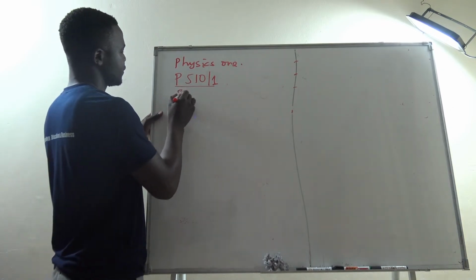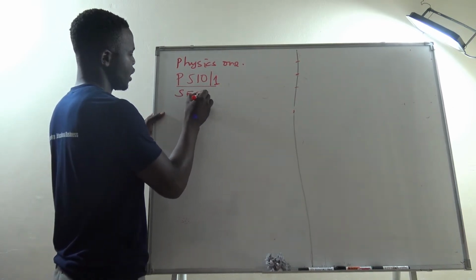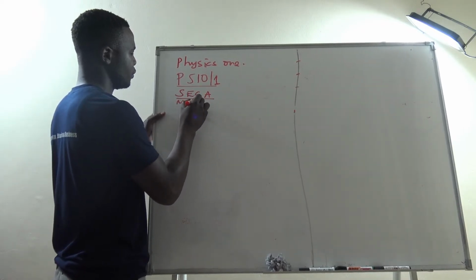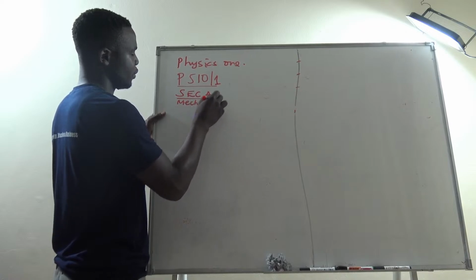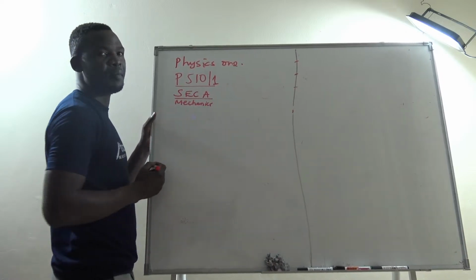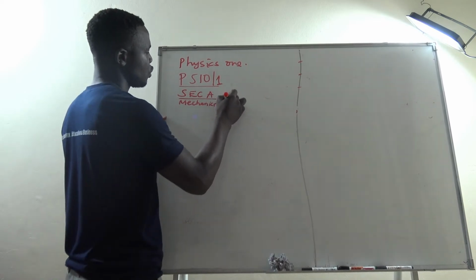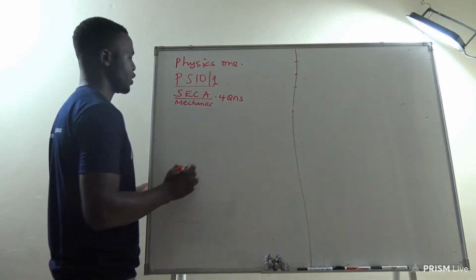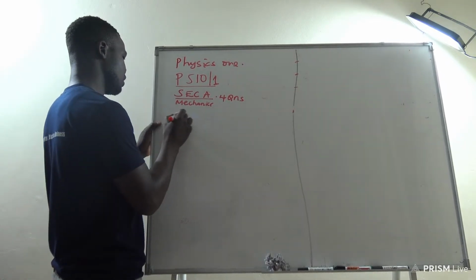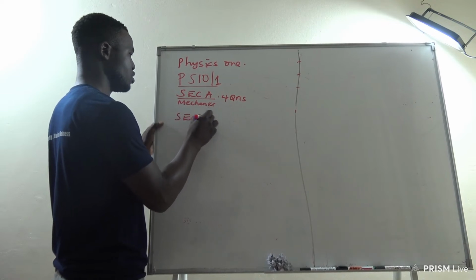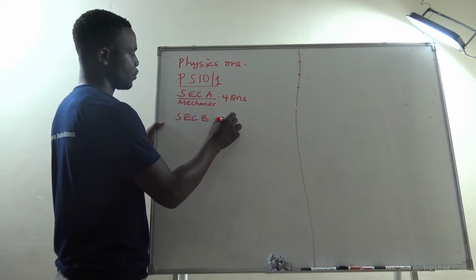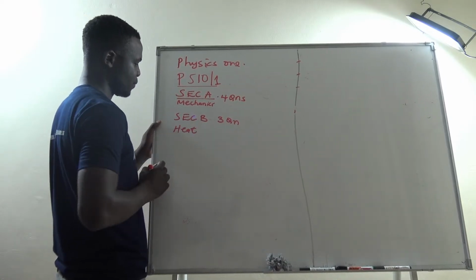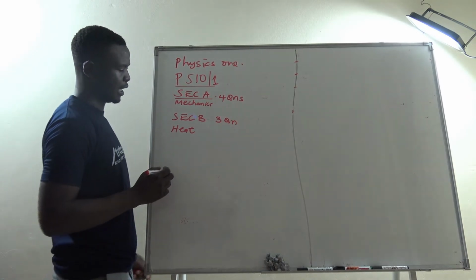Now, let's see what happens in section A. Section A is comprised of mechanics. The whole of section A is called mechanics, and it contributes 4 questions. Then section B has 3 questions, and we call it the thermal properties of matter, that you can in simple terms call heat.